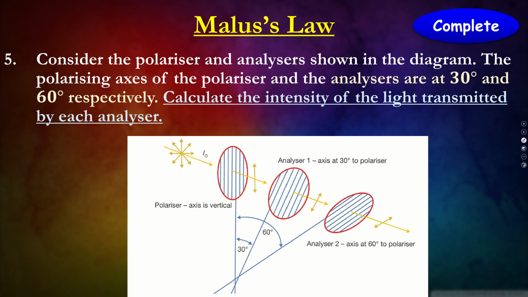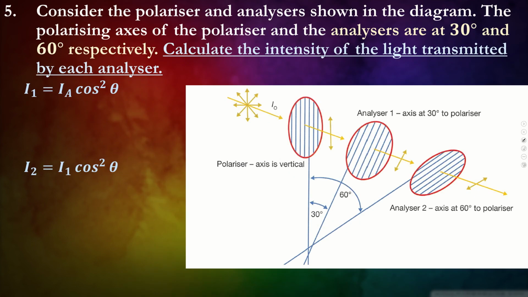All right, next question we have. We have 3 polarizers and we are trying to calculate the intensity of light transmitted between each of them. So we're going to call the first analyzer I1 and the intensity of analyzer 2 will be called I2.